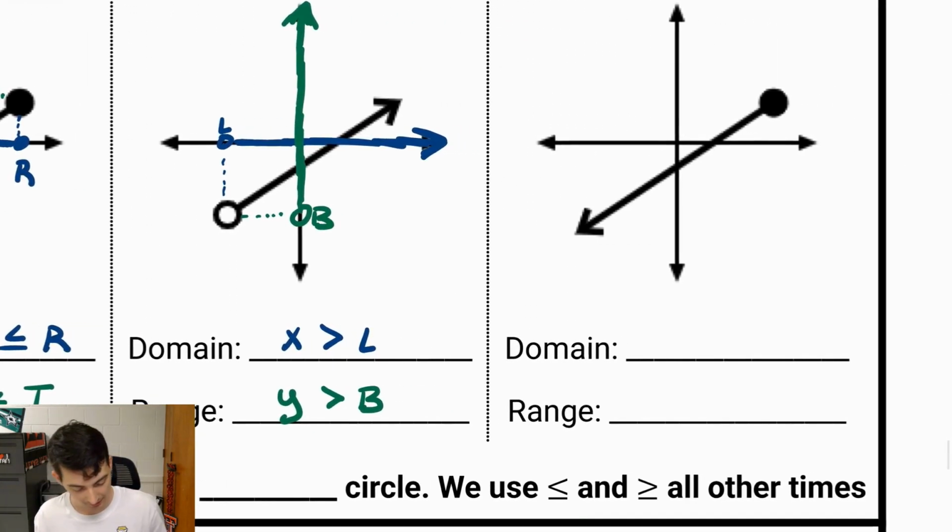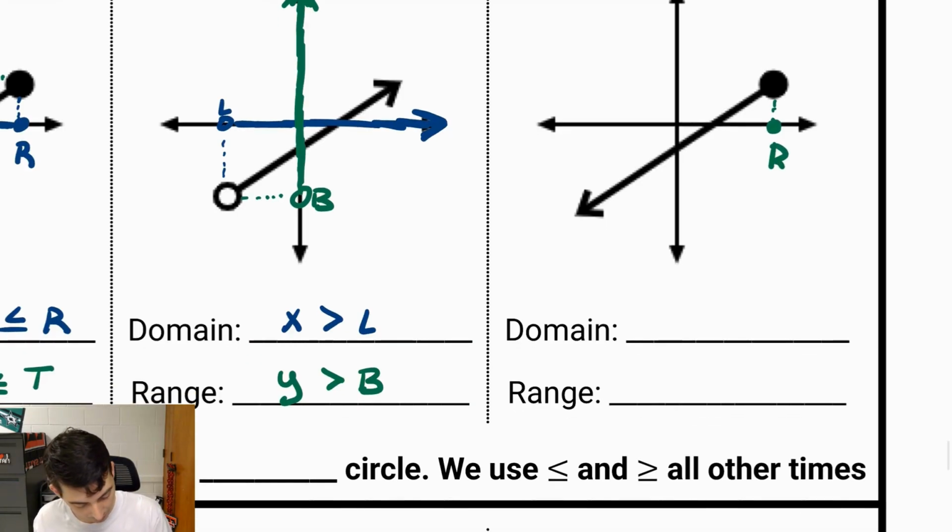And my last example here, my domain. This time I see that the graph is going left forever, but I do have a rightmost point right here. Actually, that should be in blue. And so for my domain, it's going to be all my x values compared to my rightmost value.